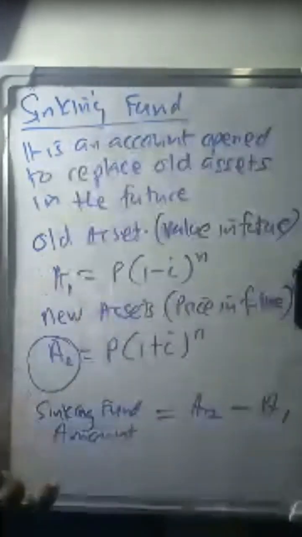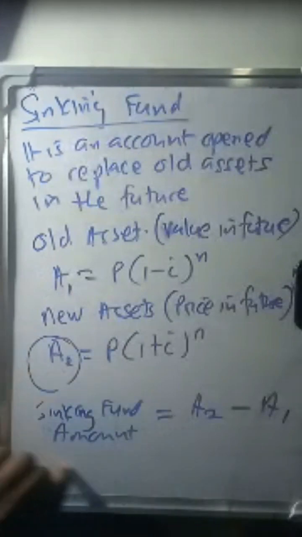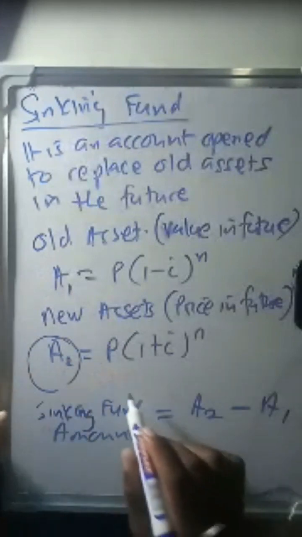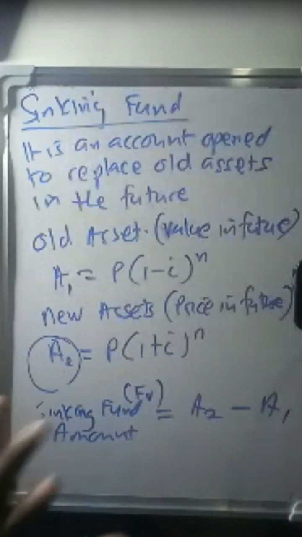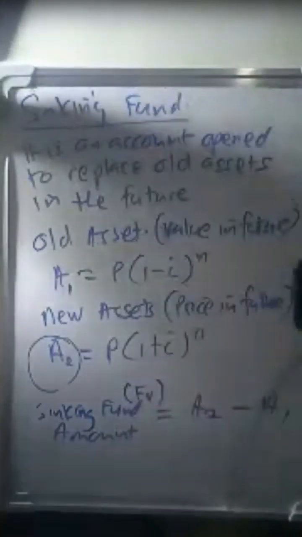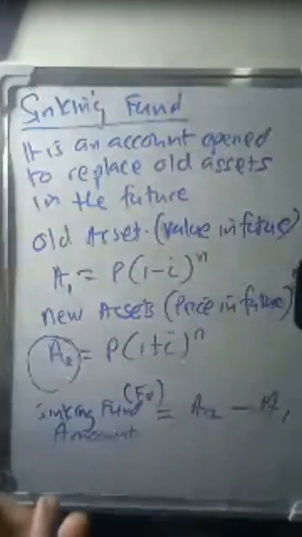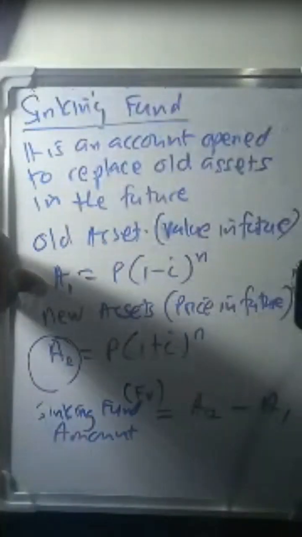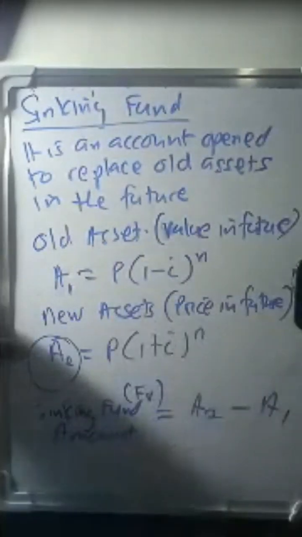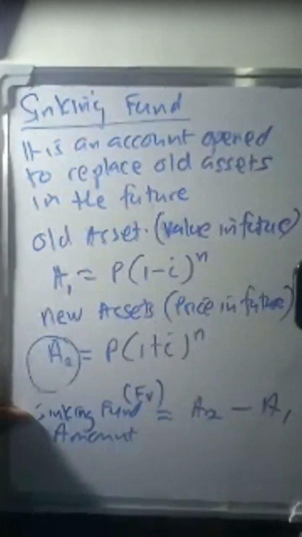Then you need to know that this amount is a future value amount that we need. So we use what? Future value formula under sinking fund. So sinking fund, it has three things. It actually has four things: depreciation of old assets, inflation of new assets, then calculating the sinking fund amount.